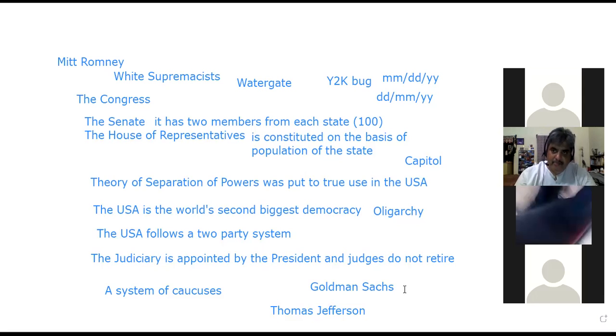All these things made sense. But when you don't change the Constitution, and it's a very thin and small little document, adopted in 1789, and till today it has had only 29 amendments.